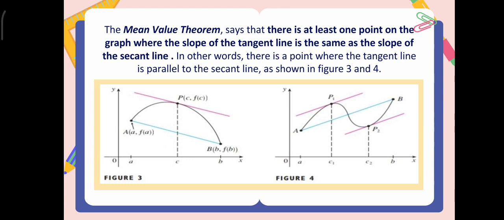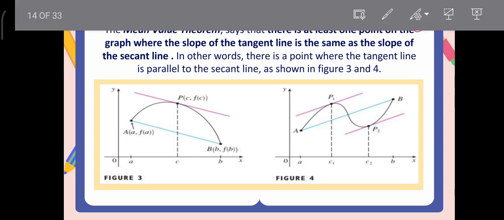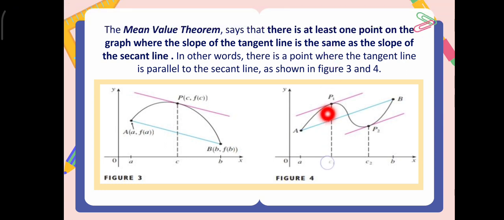In other words, there is at least one point where the tangent line is parallel to the secant line. There are 2 points here, point 1 and point 2, for figure 4. For figure 3, there is 1 point that is tangent to the function and also parallel to the secant line.